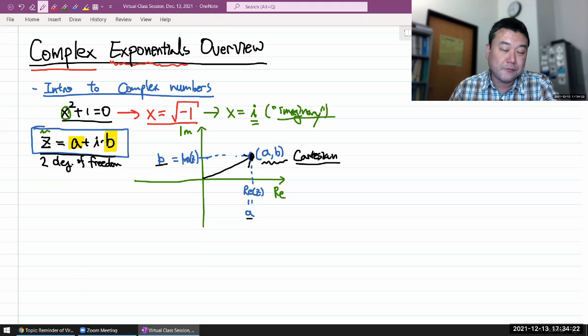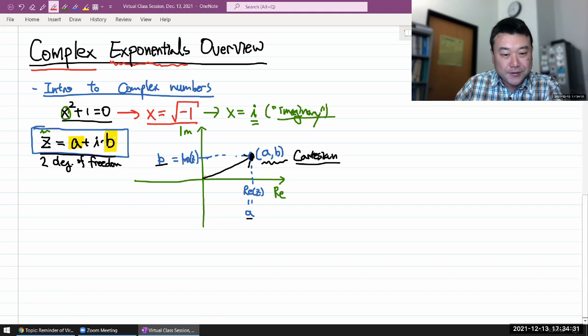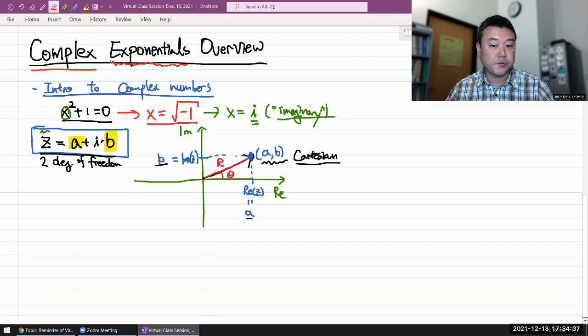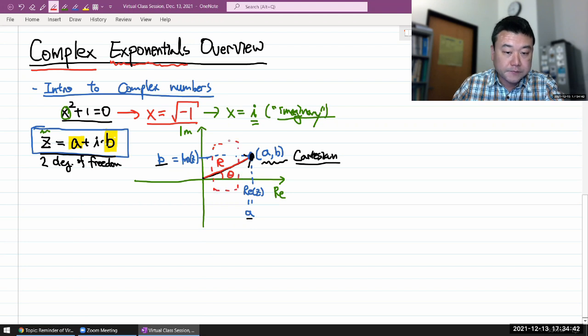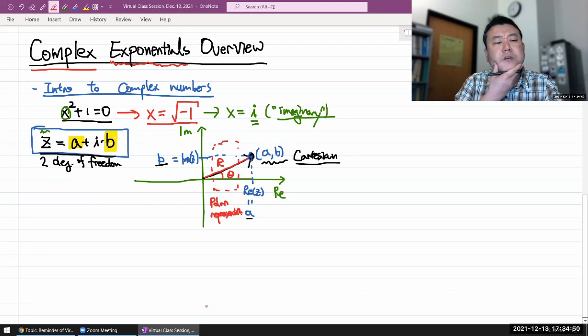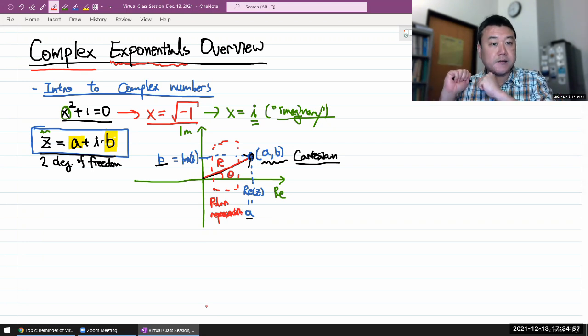Now, if what you're interested in is magnitude and direction, then you could specify that magnitude and direction just directly, the way you would do in the polar representation of vectors. And if you are thinking in terms of analogy between two-dimensional vectors and complex numbers, we can go as far as this.